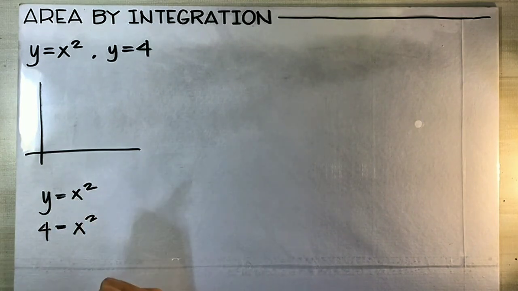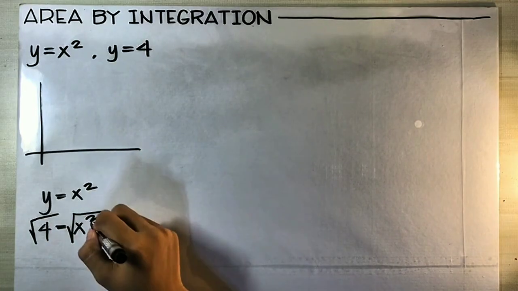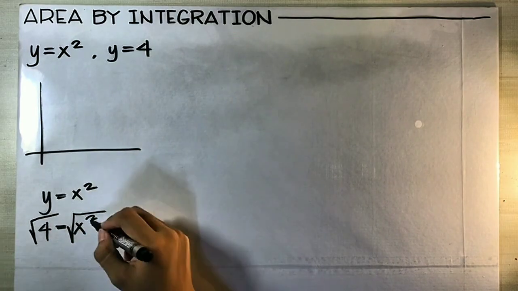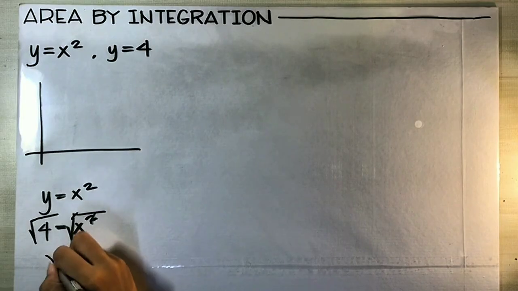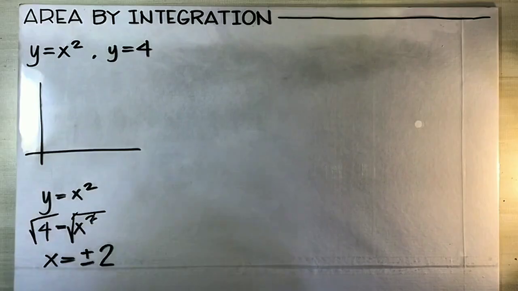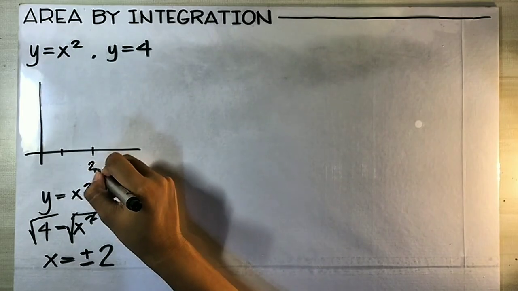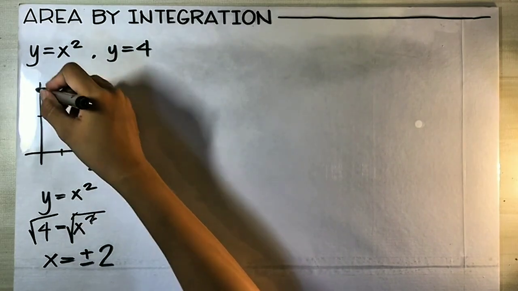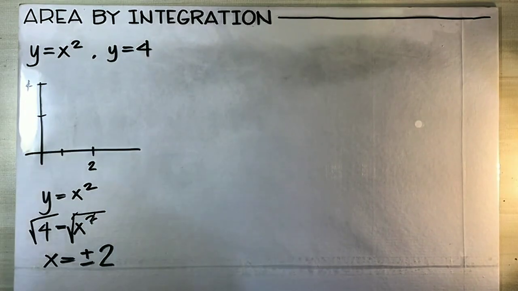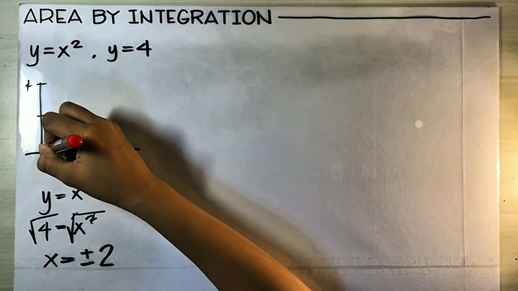If we get the square root, x is equal to positive or negative 2, right? So we have here 1, 2, and our 4. If we graph that, we will have something like this.